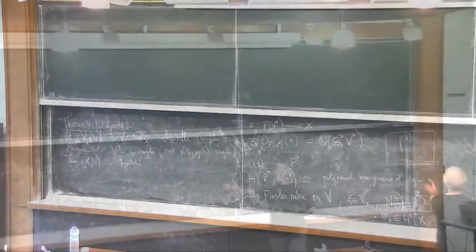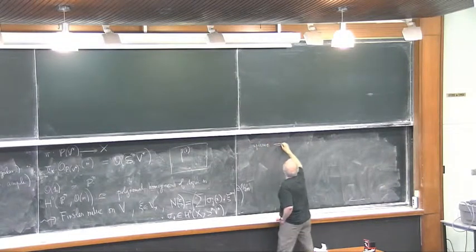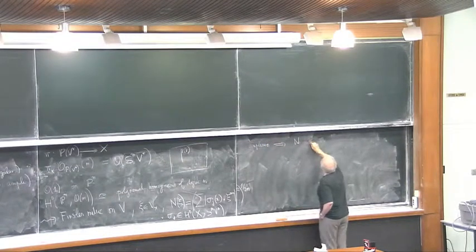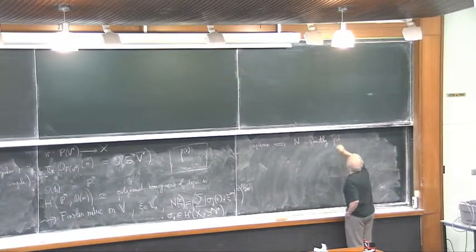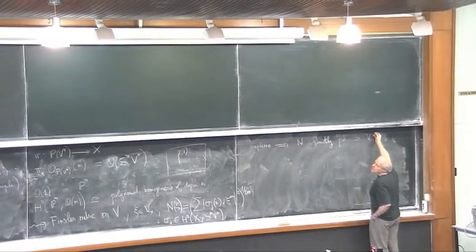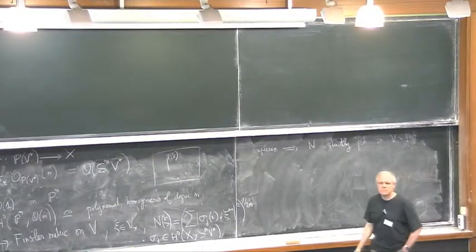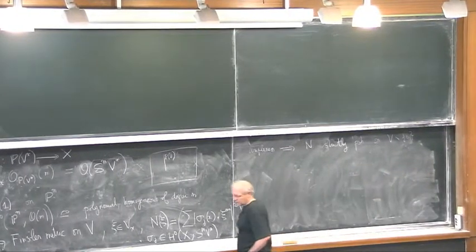So just by the ampleness, the ampleness implies that this is a strictly plurisubharmonic function on V minus the zero section. Just the sum of squares of holomorphic functions.